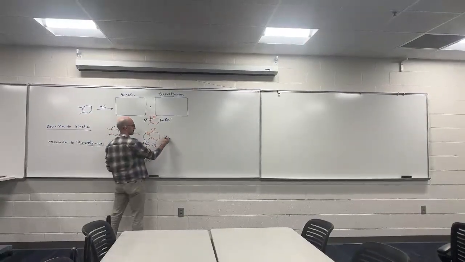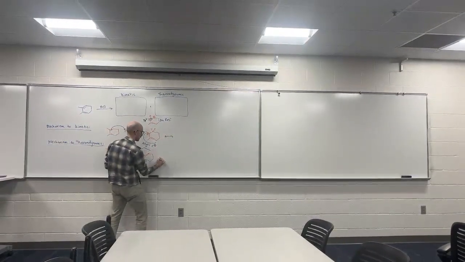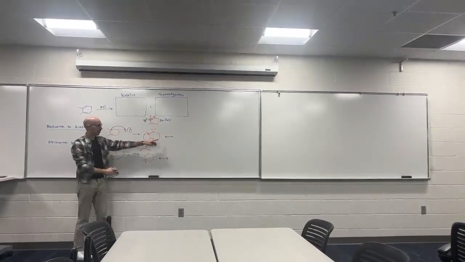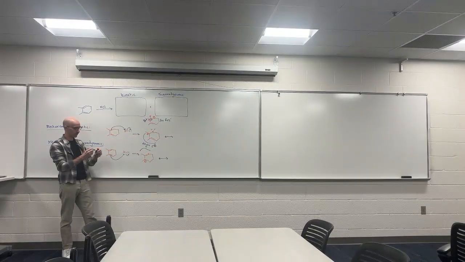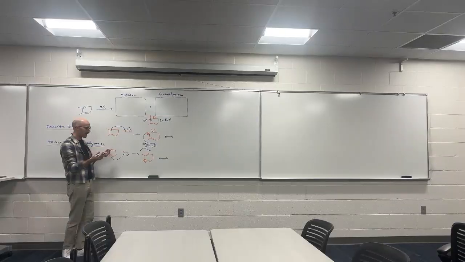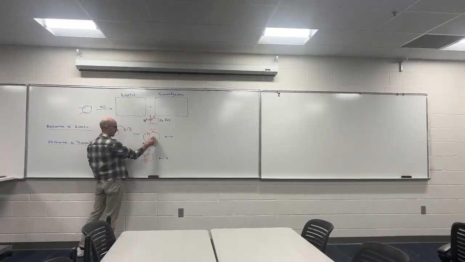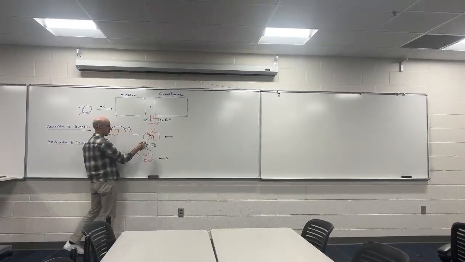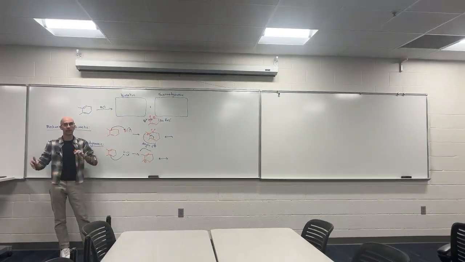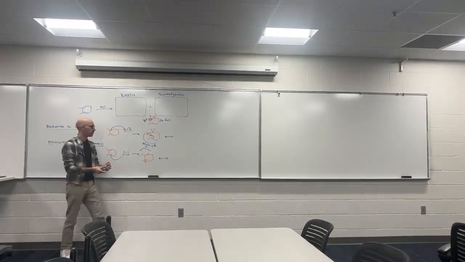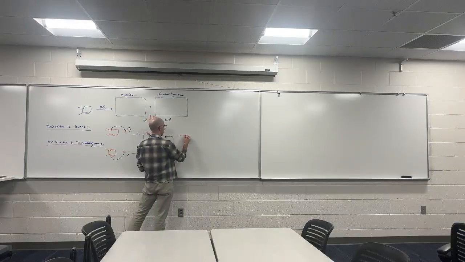So I'm going to show these resonance forms. Keep in mind that resonance arrows are double-headed, whereas reaction arrows are one-directional. And the arrows needed to show resonance, the pi bond moves towards the carbocation, high electron density to low electron density.